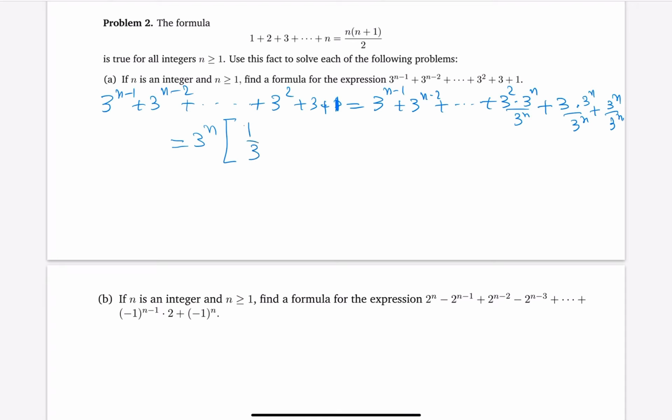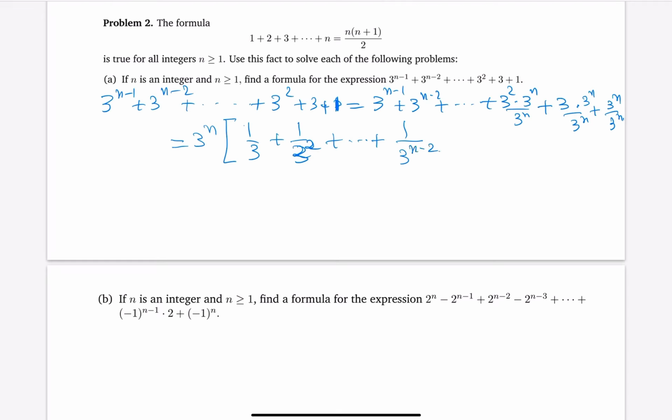The next one, we will get plus 1 over 3 squared, and so on. If you factorize by 3 to the n here, you will get 1 over 3 to the n minus 2.